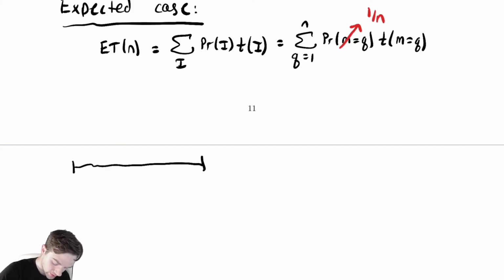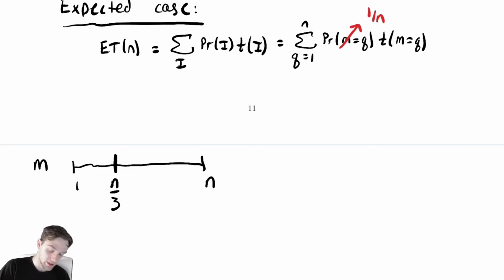We have a number line for our random variable m. It goes from 1 to n. And when we partition this, let's say that m happened to be here, and that was n over 3. That's just a randomly chosen convenient looking number. Now we have 1/3 of the array over here, and on the other side we have 2/3 of the array over there.